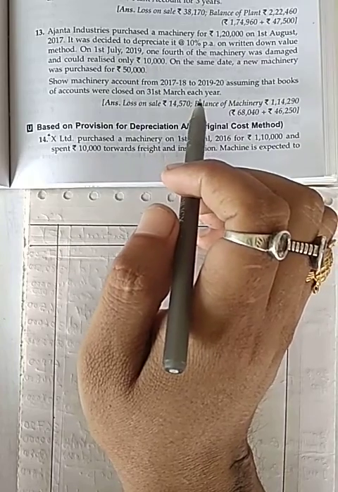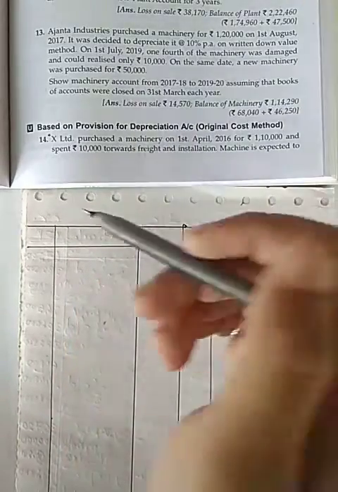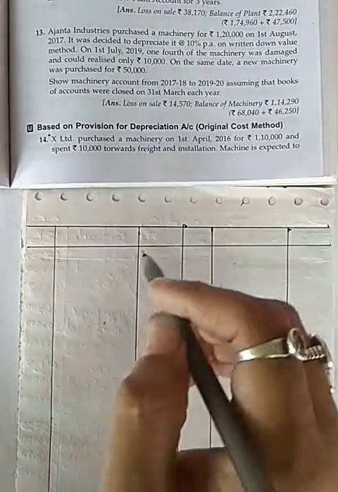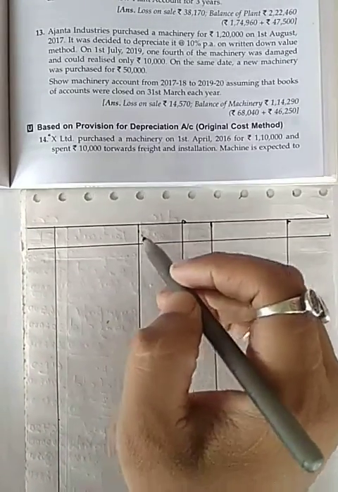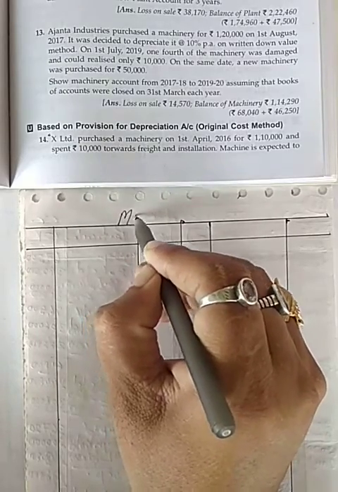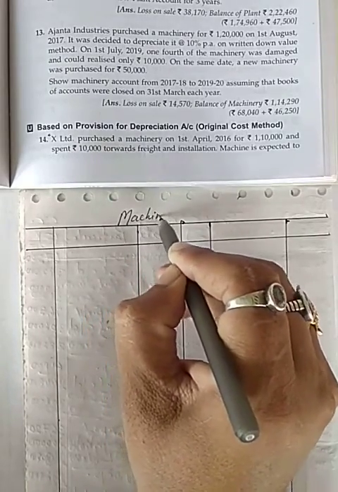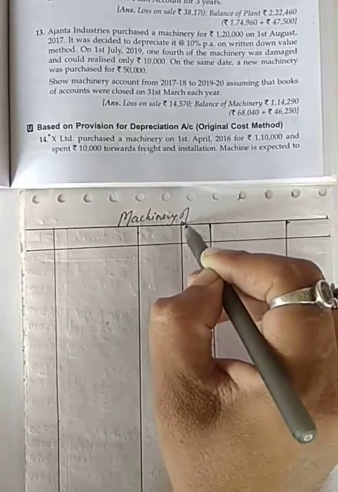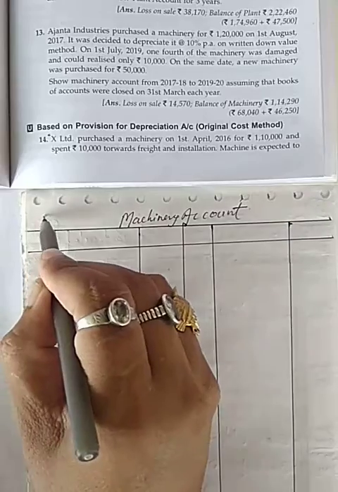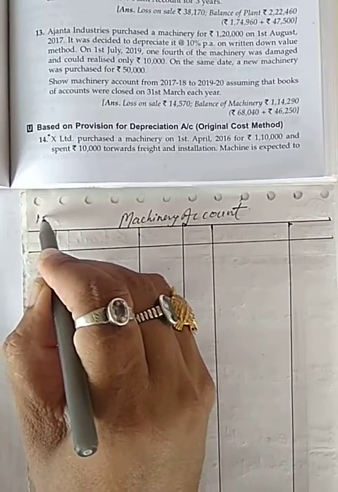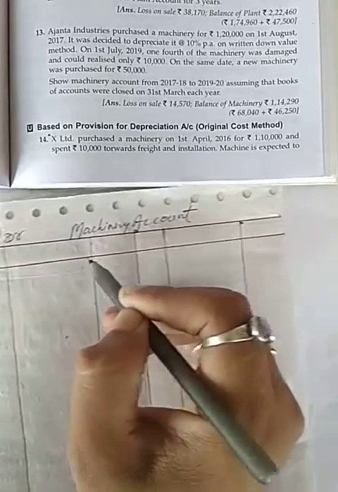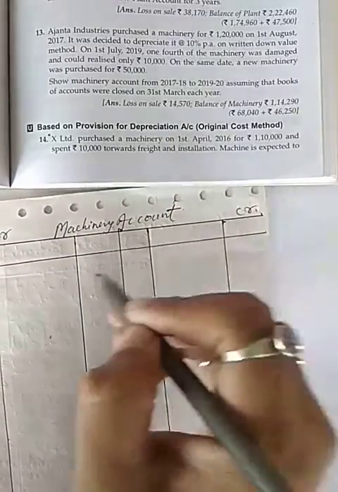So student, let us start the solution. This is the format of plant account and machinery account. So I will write machinery account. And this is our question number 13, Dr side and Cr side.